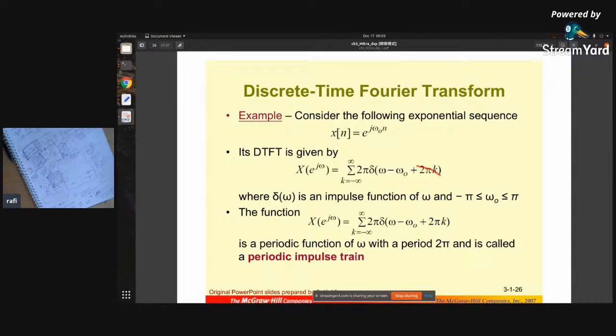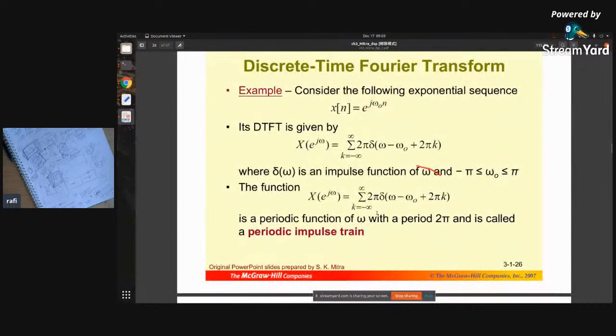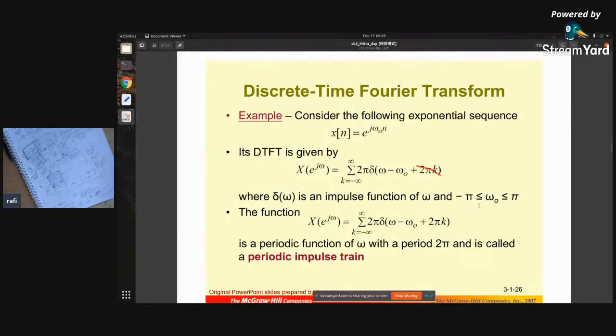Since it is a periodic signal, at omega equal to 0 you have an impulse. It is periodic with period 2 pi, so at 2 pi also you have the impulse.